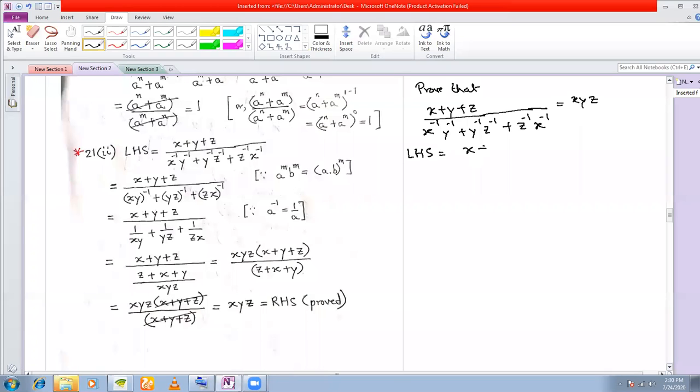See what I have done here is that I have taken xy whole to the power of -1. What you can also do is you can take x to the power of -1 as 1 by x. You can take y to the power of -1 as 1 by y.